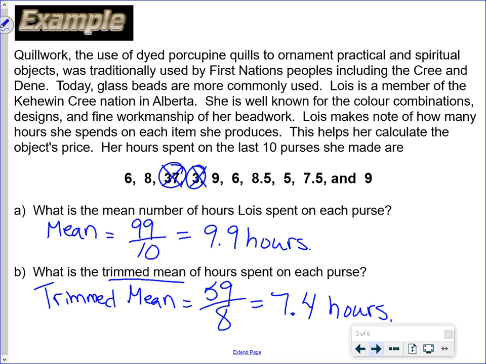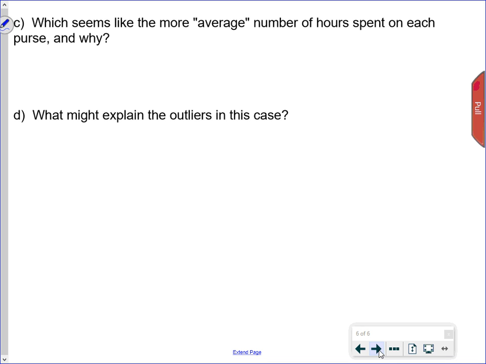So this seems to fit a little bit better because most of our data points are between 6 and 9 hours. So 7.4 seems a little bit more reasonable than the 9.9 or the almost 10 hours in the actual mean. Which seems like the more average number of hours spent on each purse, and why?